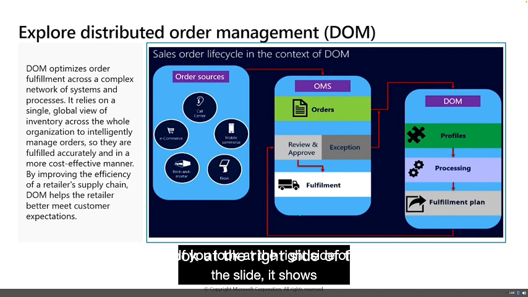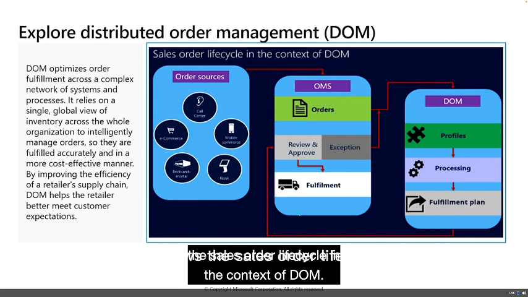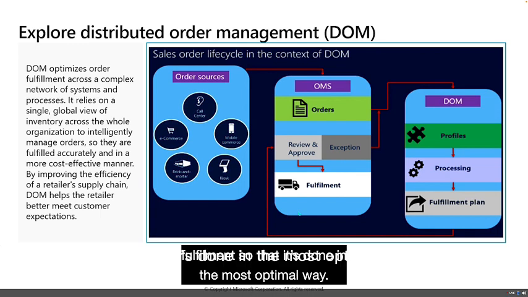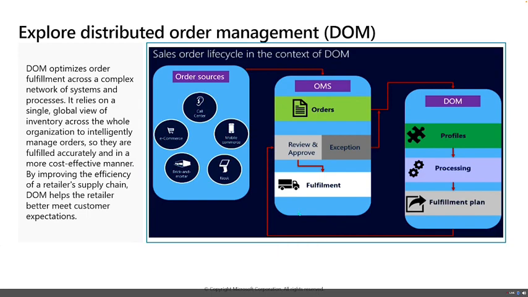If you look at the right side of the slide, it shows the sales order life cycle in the context of DOM. So as I mentioned, you can have a variety of order sources, which feeds into the order management system, and then DOM handles the fulfillment so that it's done in the most optimal way.